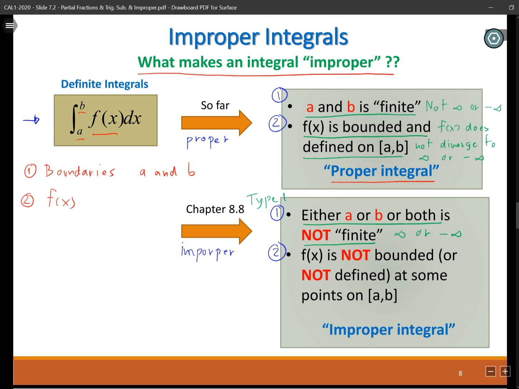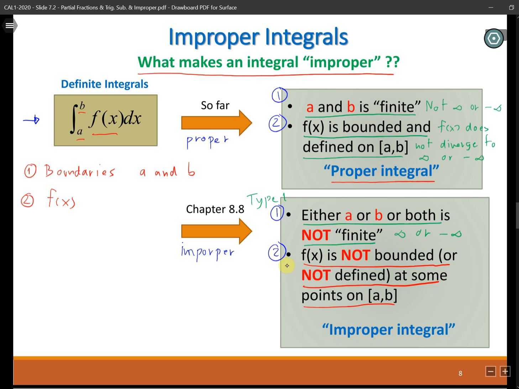For the proper one, the function has to be bounded and defined. For the improper one, it's the opposite. The function is not bounded or not defined at some point from A to B. What this means is that at some point in this range, your graph of f(x) is going to go very high to infinity, diverge somewhere, or it can go very low to minus infinity.